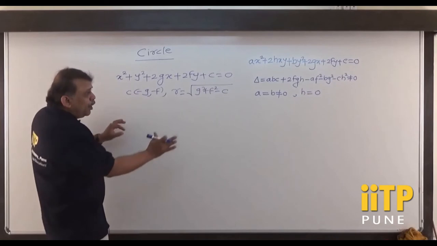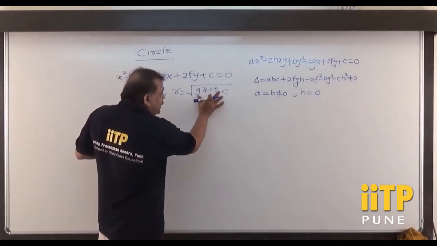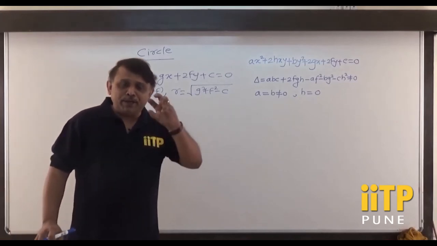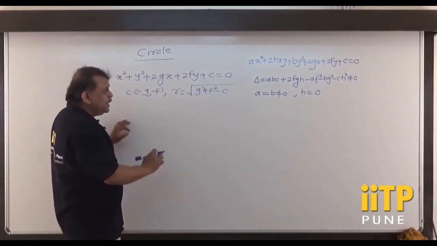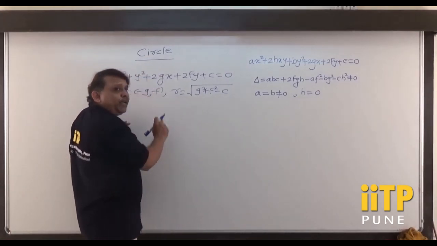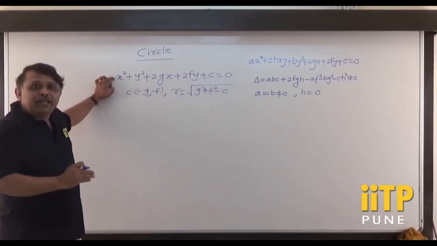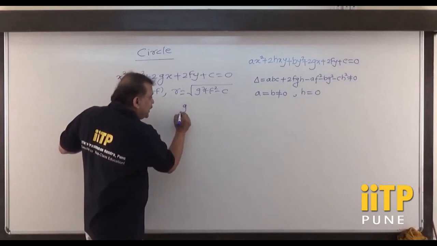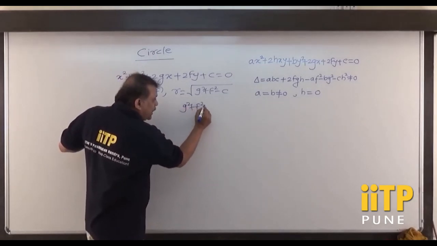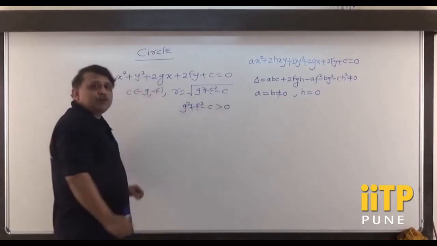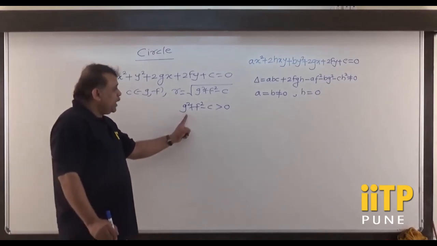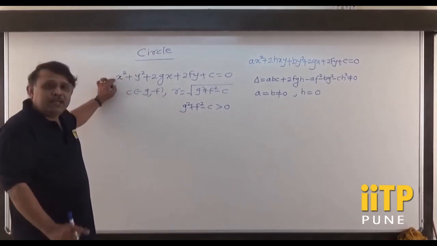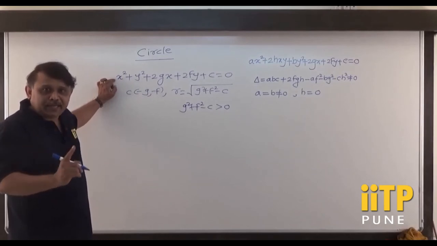Now, because the term g square plus f square minus c is inside the root, it is necessary that in order to get this equation as a real equation of circle, g square plus f square minus c must be positive. So if g square plus f square minus c is greater than 0, then this equation will represent a real circle.